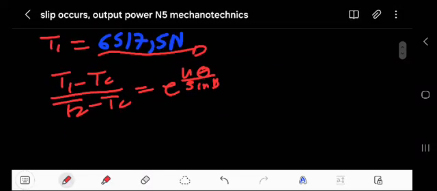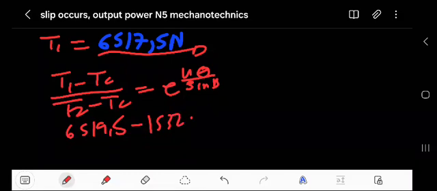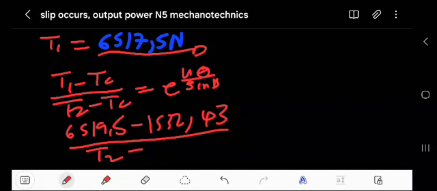T1 is 651. TC is the one that we've calculated, which was 1532.43. T2 we don't know.